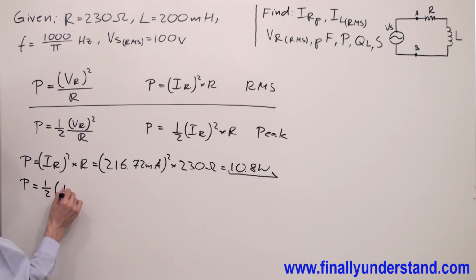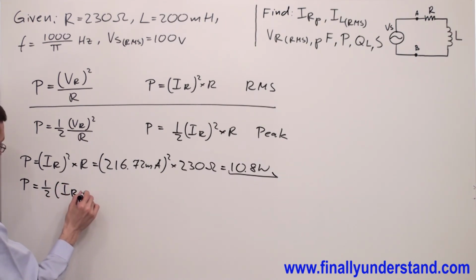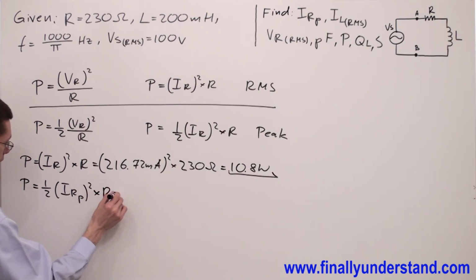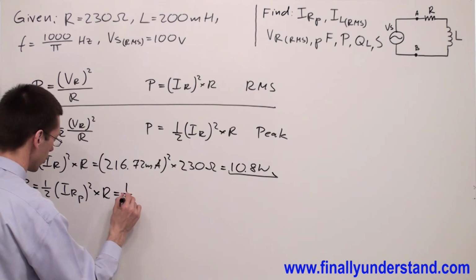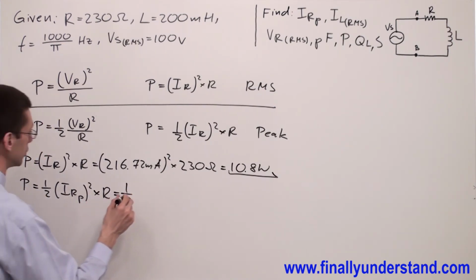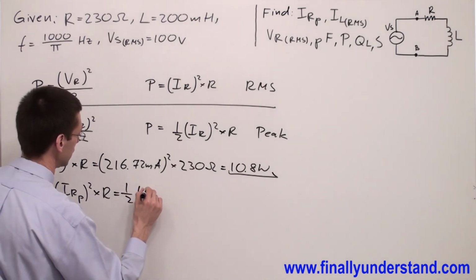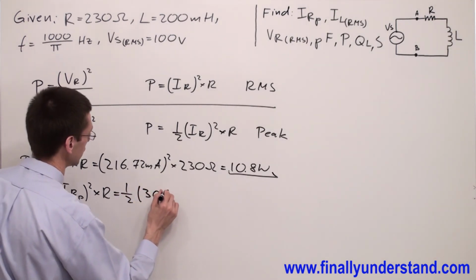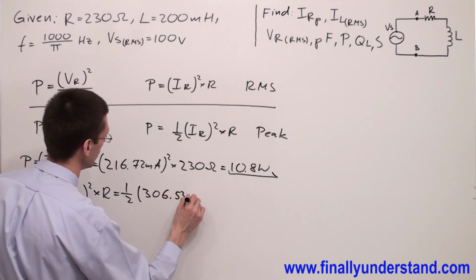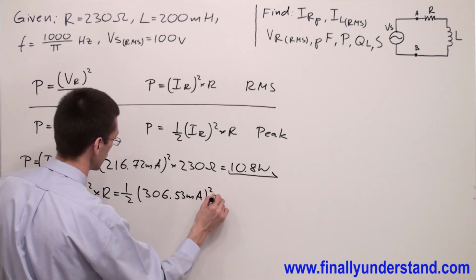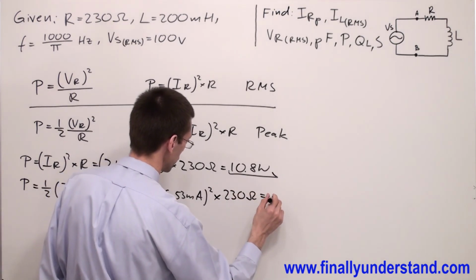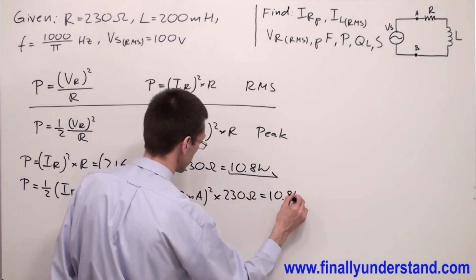1/2 IR peak square times resistance. So I have 1/2. The peak current in the circuit, we calculated, was 306.53 milliamps raised to the second power times 30 ohms, which is also equal to 10.8 watts.